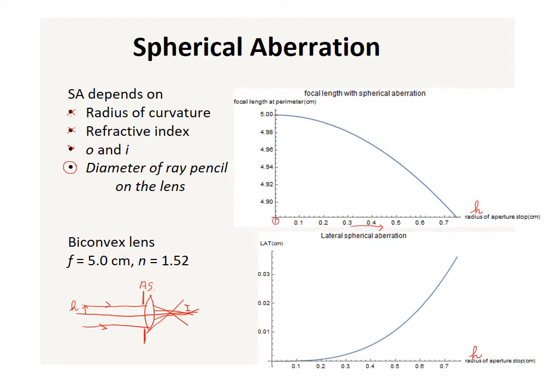And just to remind you, the lateral spherical aberration is what you measure as the blurry circle if you go to the focal plane where the image is supposed to be focused. You can see that it increases up to, in this case, about 0.4 of a millimeter. So an important way that we can reduce spherical aberration is to close down the aperture stop.